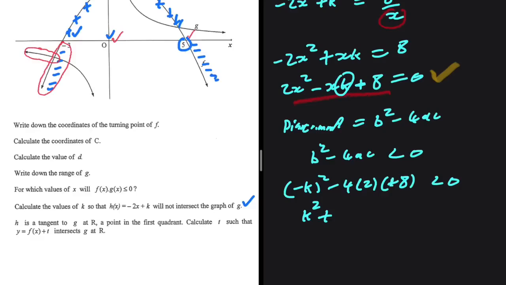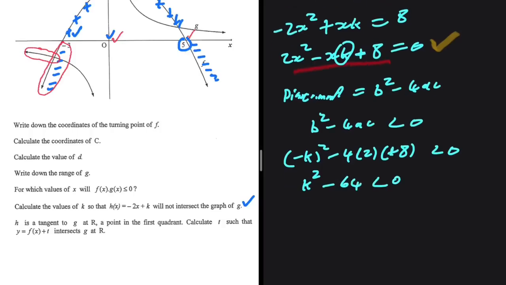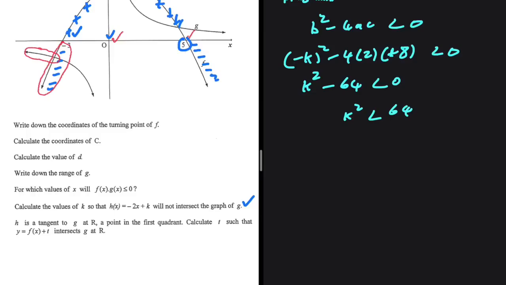Right, so we're going to have k squared minus 64 being less than 0. If we take 64 to the other side, we're going to have k squared being less than 64. Let's go ahead and find our critical values. So k squared is equal to 64, k is equal to 8, or k is equal to minus 8.